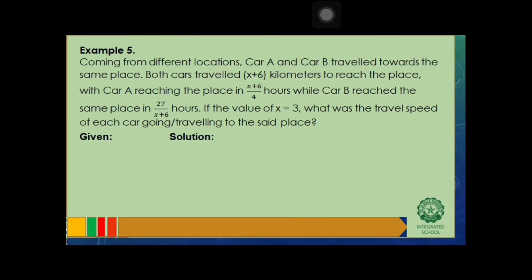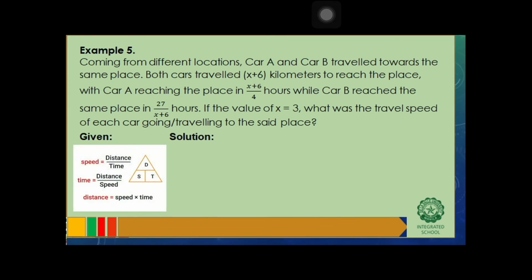If the value of x is equal to 3, what was the travel speed of each car traveling to the said place? For this problem, you need to take note of the distance, speed, and time formulas.